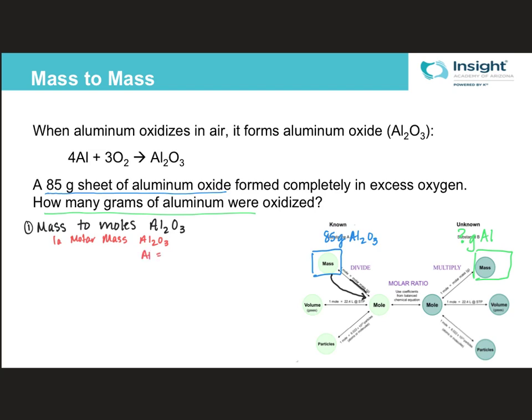That is 27 grams, and there's 2 of those, which makes 54. Then oxygen is 16, and there's 3 of those, which makes 48. If I total those up, I get 102.